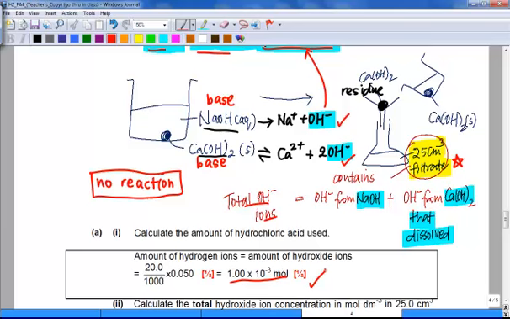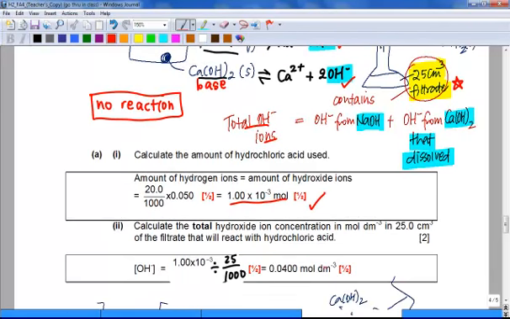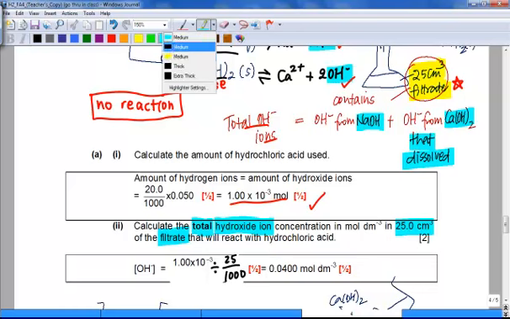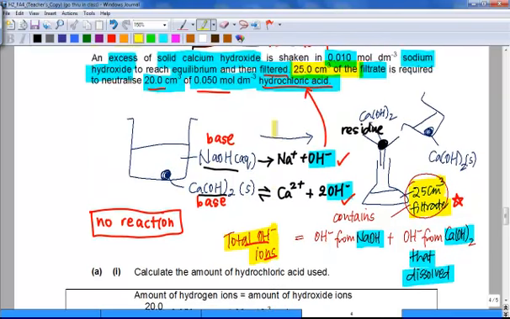Take note, the next part of the question asks you for the total hydroxide ion concentration in 25 cm³ of the filtrate that will react with hydrochloric acid. We know that the total hydroxide ions in the filtrate will react with the hydrochloric acid.